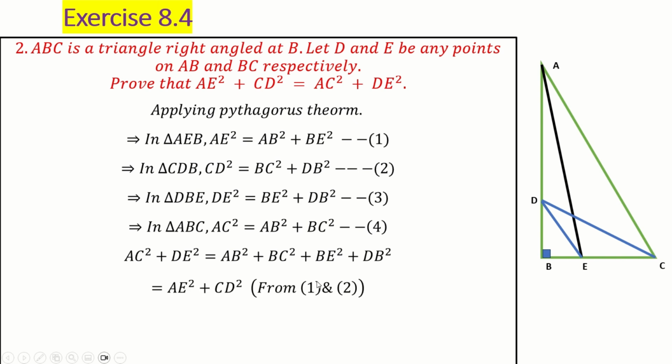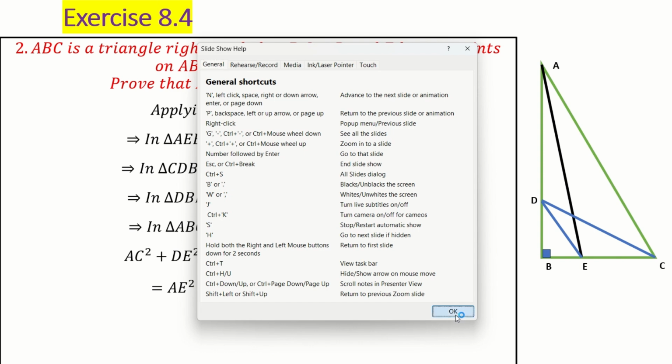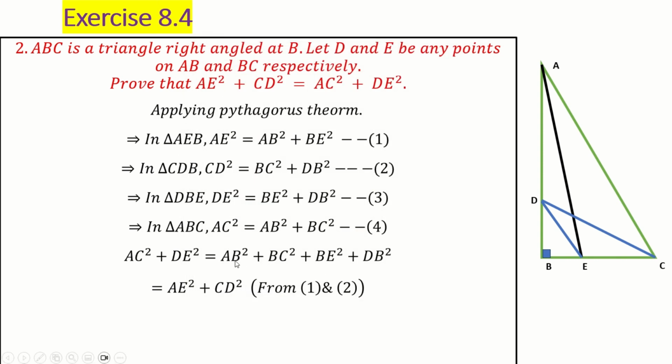Correct? AB square plus BE square is AE square, and BC square plus DB square is CD square. If you substitute, this is what you get.